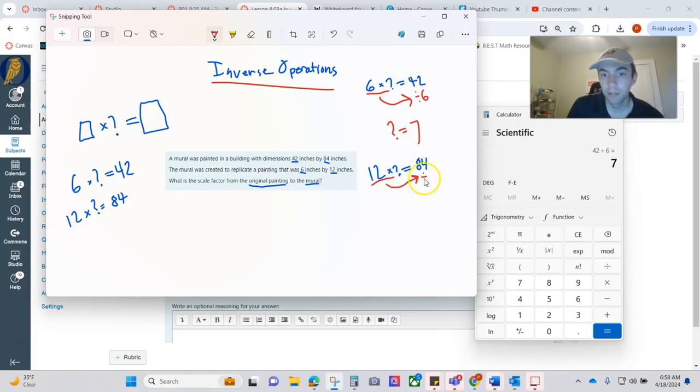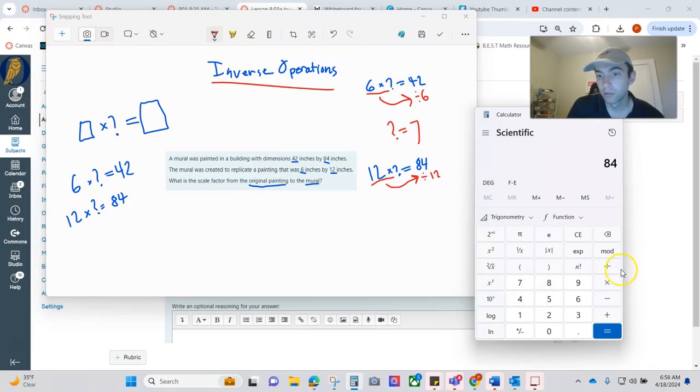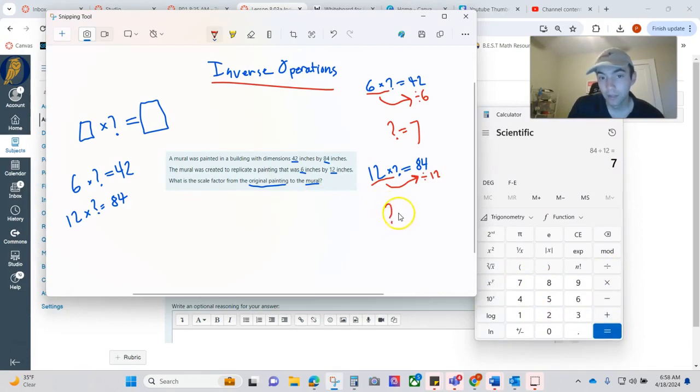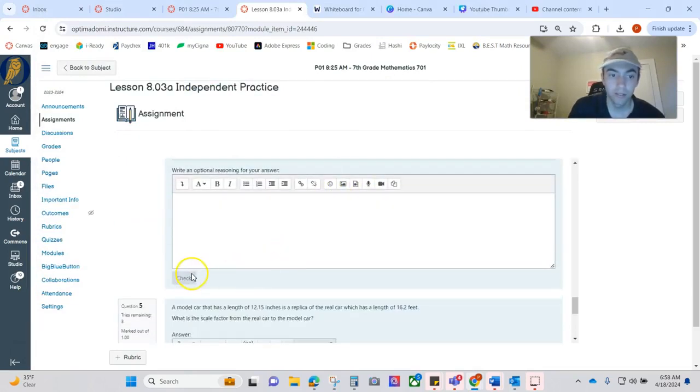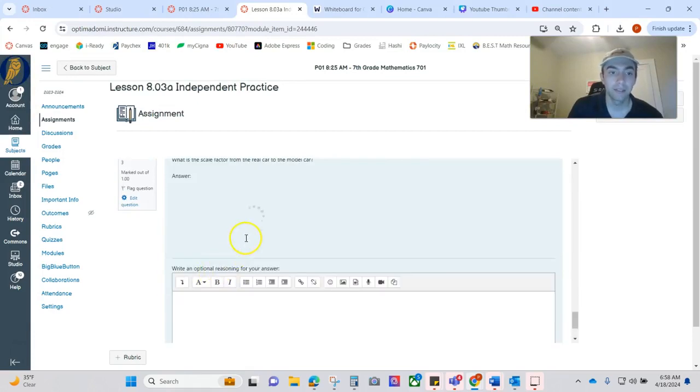Instead of timesing by 12, let's divide by 12. And 84 divided by 12 should give me the same scale factor. And it does. The scale factor is the number we times the side lengths by to make it bigger or smaller. Looks like our scale factor for this question is 7. We scaled up the original painting 7 times.